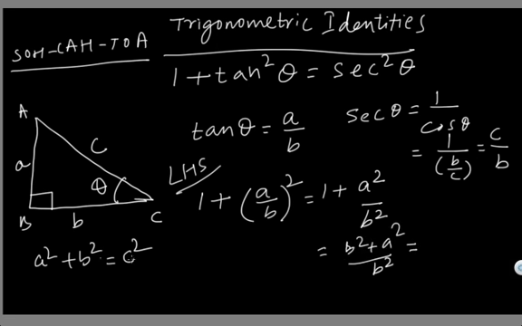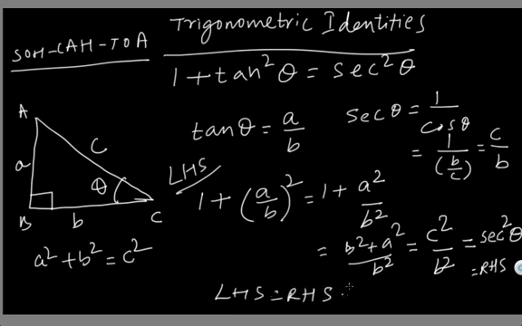From Pythagoras theorem, a square plus b square is equal to c square, which gives c square by b square. We have secant theta as c by b, so this is secant square theta, which is nothing but our RHS. Hence proved, LHS is equal to RHS.